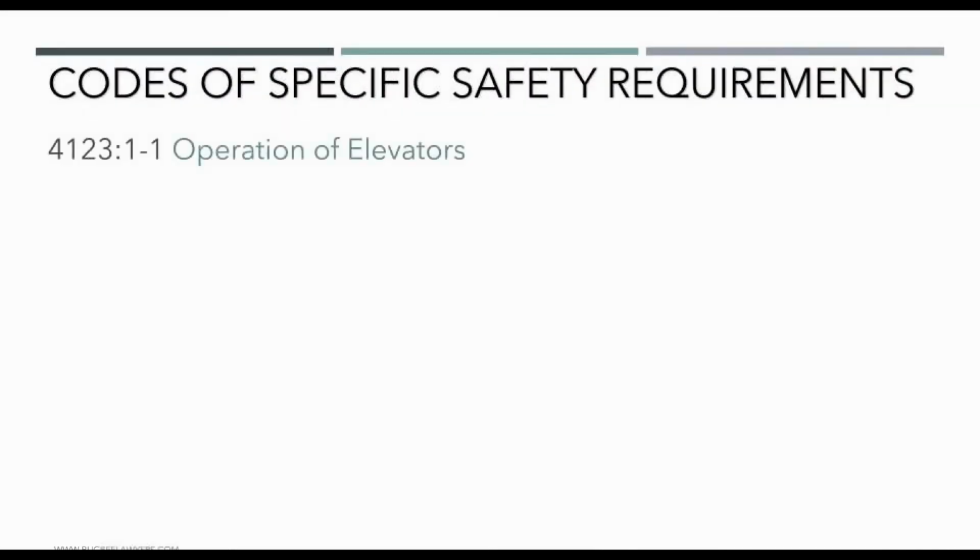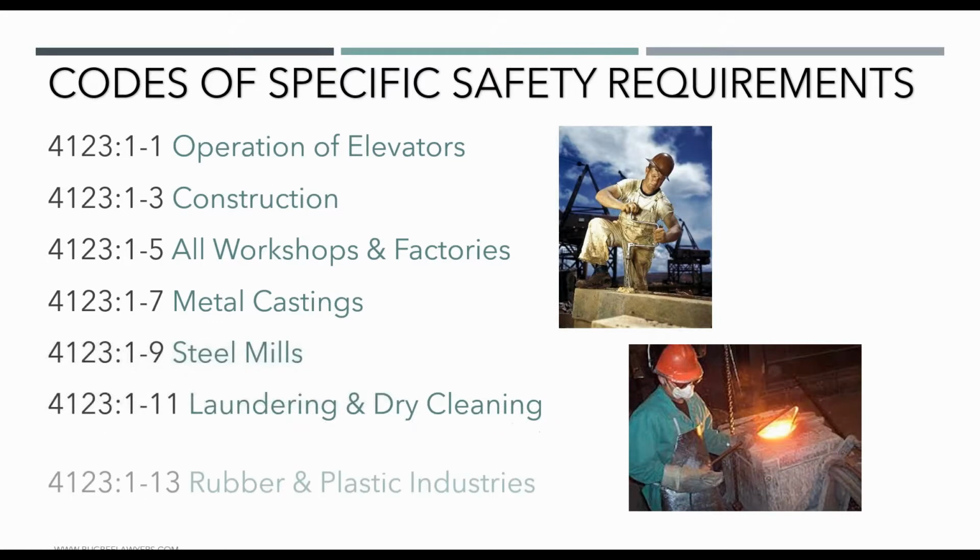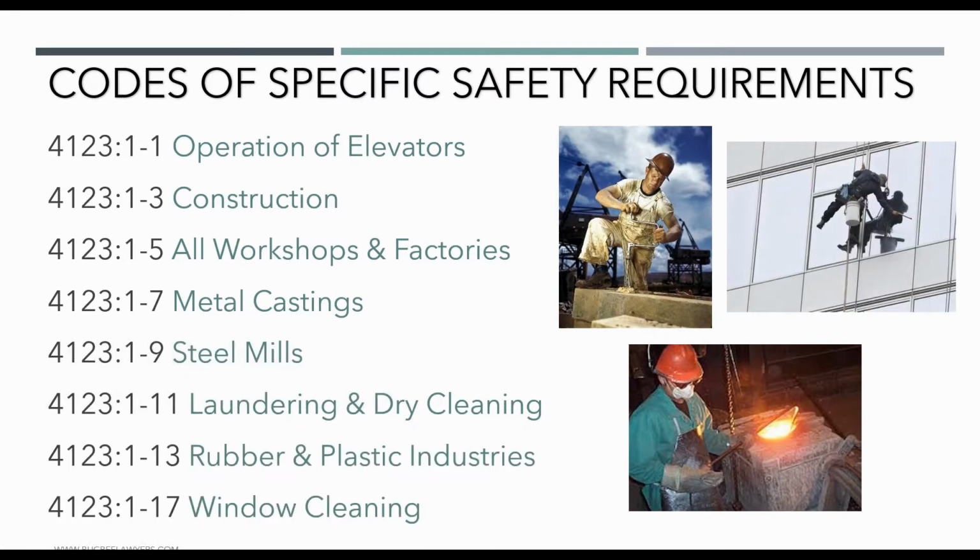So in response to that constitutional provision, a number of codes of specific safety requirements were adopted by the Commission and by the Division of Safety and Hygiene. They are up on the screen, and as you can see, they pertain to various industries.